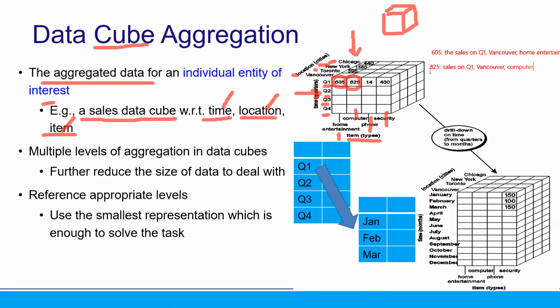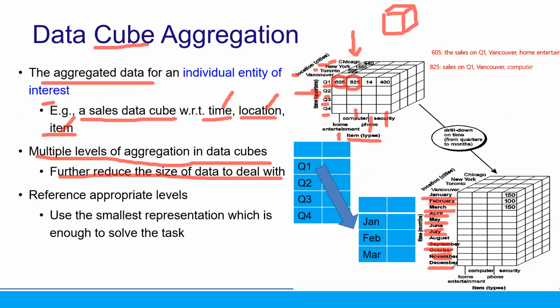And you know this kind of cube can be represented in multiple levels of aggregation in data cubes. We can further reduce the size of the data to deal with. For example, maybe at first I have the data for every month: January, February, March, April, May, June, July, August, September, October, November, December. But I think, okay, it is too many.